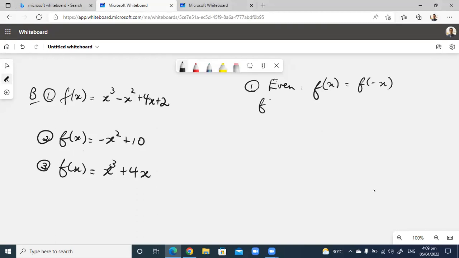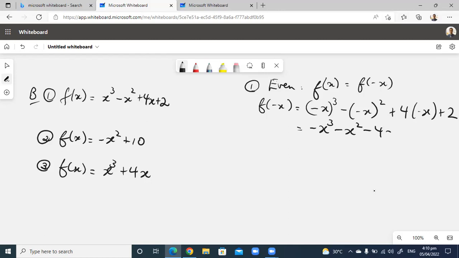So if you work out f of minus x, you'll get minus x cubed minus minus x squared plus 4 times minus x plus 2. So this will give you minus x cubed minus x squared minus 4x plus 2. That's f of minus x.